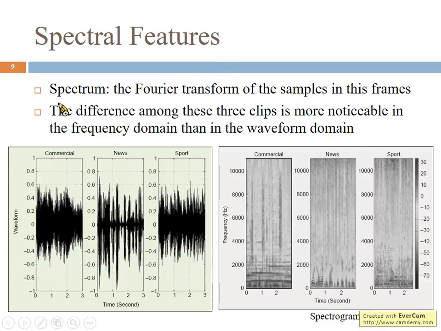So when we transform each audio frame into the frequency domain, we can accumulate all of them and take them together to make this visualization, and this is called spectrum. Spectrum means the Fourier transform of the samples in this frame.